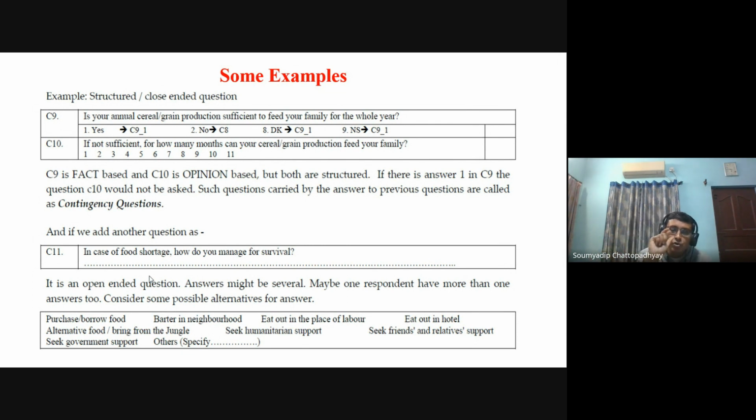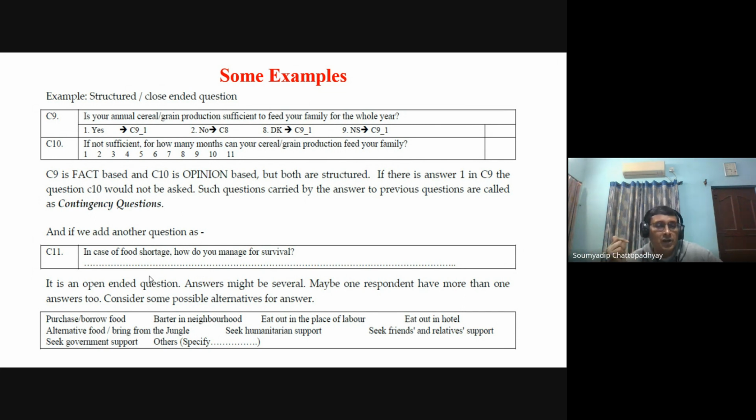And if you want to keep this particular question close ended, then you need to look for certain existing empirical studies, and then you have to zero in on the likely answers which are possible to this particular question, and then accordingly you have to code them. So for example, corresponding to this definite problem, you can think of different codes.